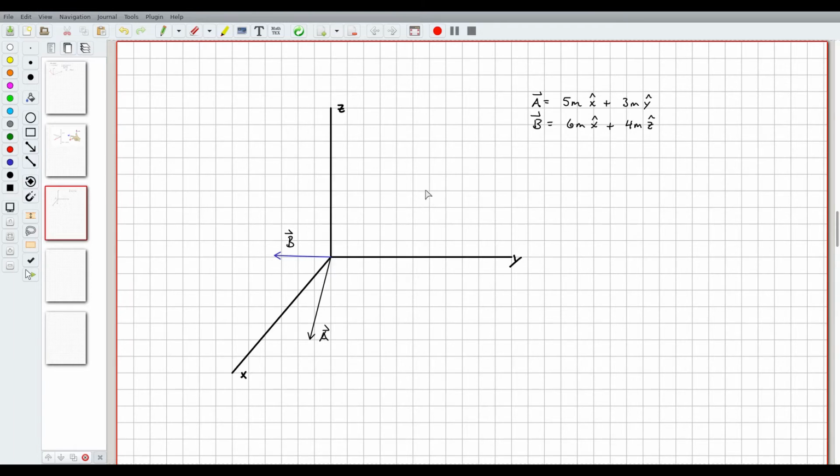So let's talk about the determinant method for doing the cross product between these two vectors. Now you may have seen determinants before, perhaps in advanced algebra or in trigonometry. I'll give you a refresher as we do this. So what we would like to do is to perform the following cross product, A cross B. Now, let me draw my determinant.